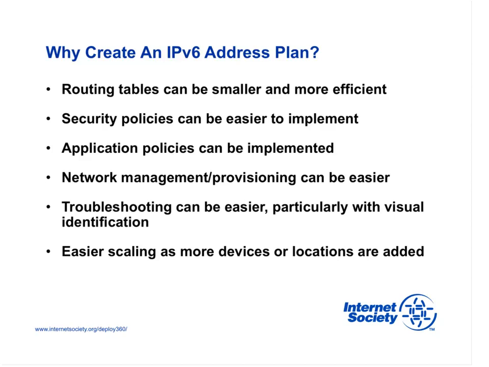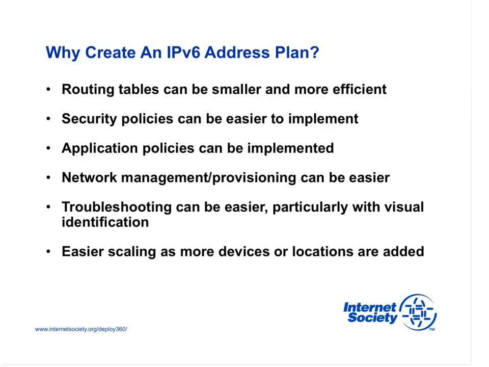Troubleshooting can also be easier, particularly if you use some of the mechanisms we're going to talk about here, where you make it easy to understand visually what networks are in which places. And if you have a good plan, you can think about how you can scale it as you add more devices and more locations.